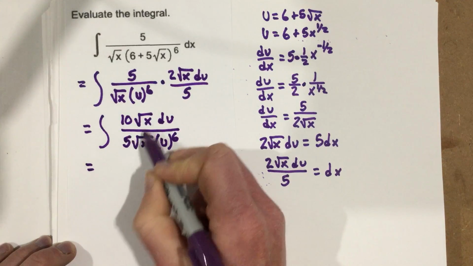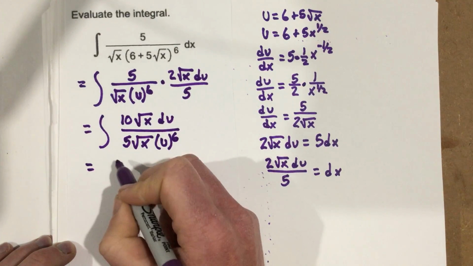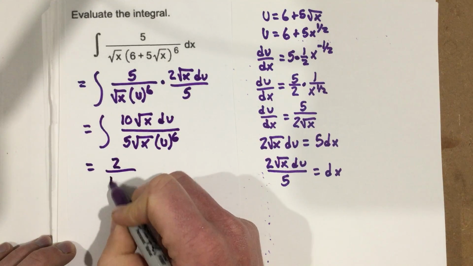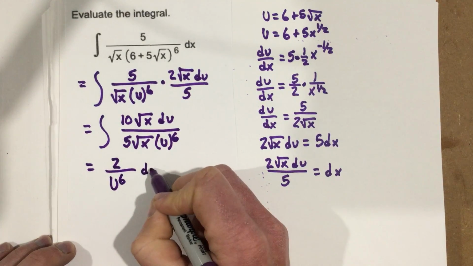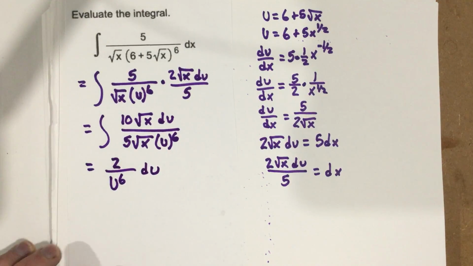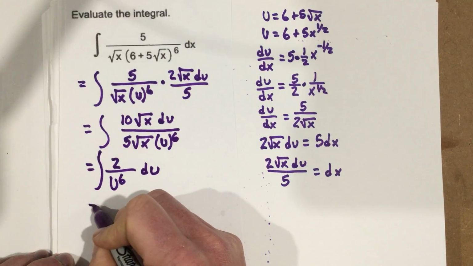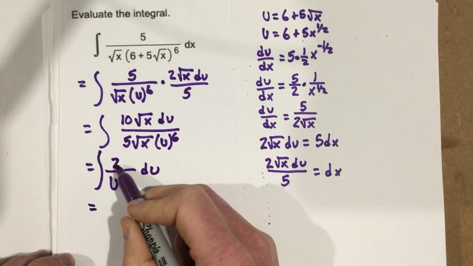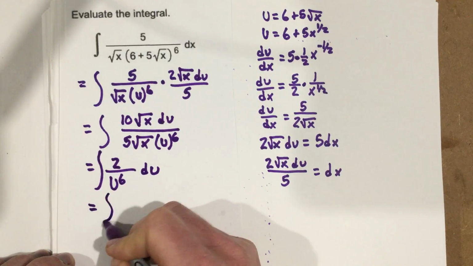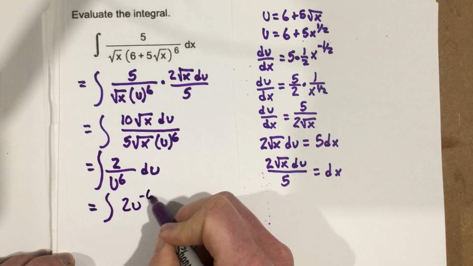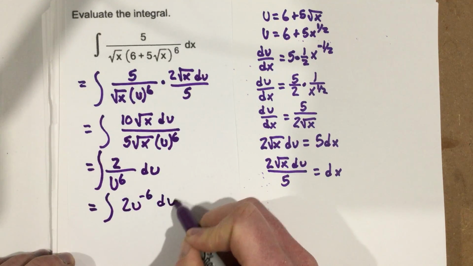That's 2, and the root x's cancel, so I get 2 over u to the 6th du. When we simplify that down, I'm doing the integral of that. And this is with respect to u. So when I do the integration here, remember I can bring this up. So before I do it, I'm going to say 2 u to the negative 6 du.